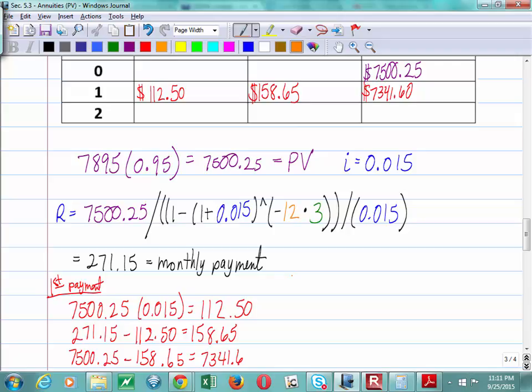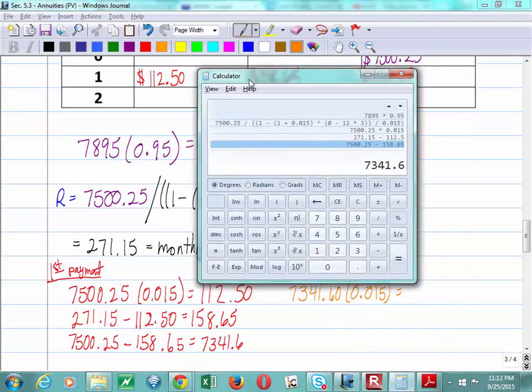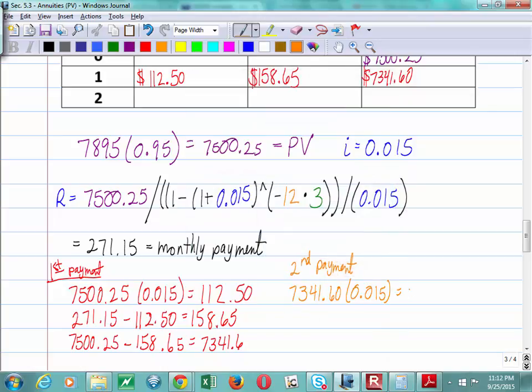Then let's look at the second payment. On the second payment, to figure out the amount of interest that we have to pay, we take the balance we're starting with now, which is 7341.60, multiply it times our monthly interest rate, 0.015. So 110.12.